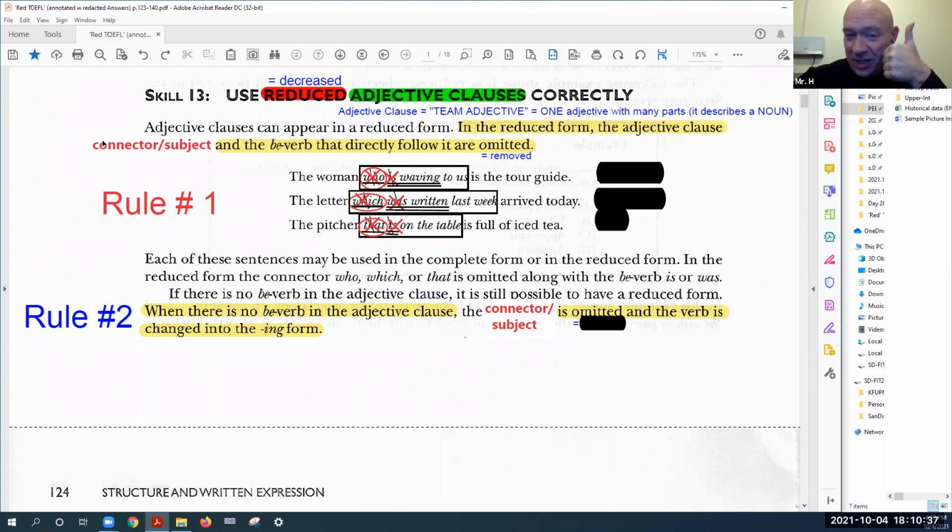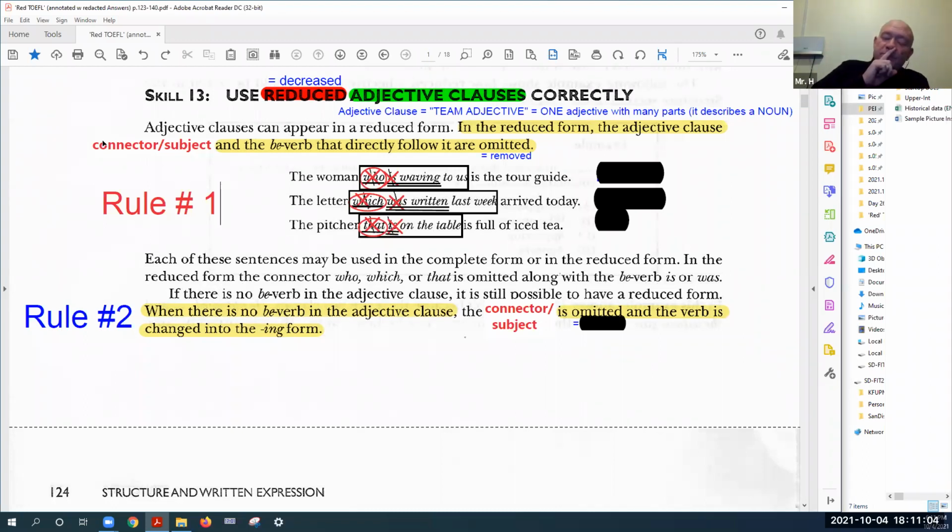Now, if it's just a connector, you can't reduce it. But if it's a connector subject, skill 12, you remove it and you remove the be verb. You remove these two things, then it's called reduced, or a decreased adjective clause.